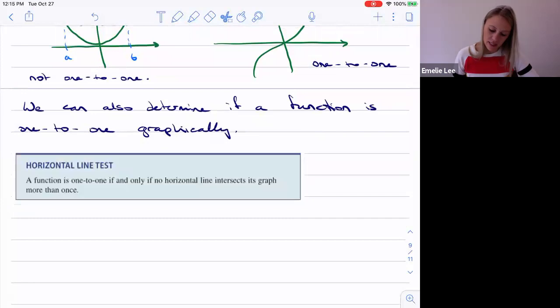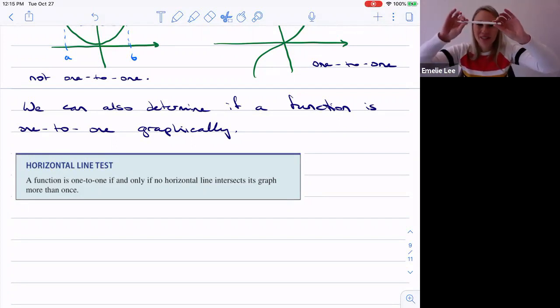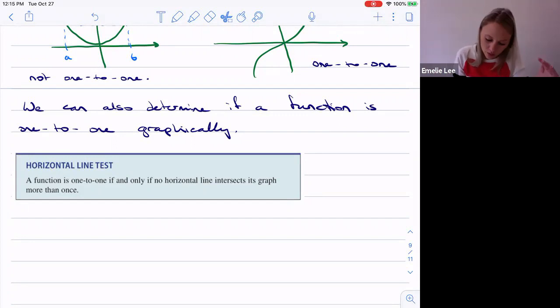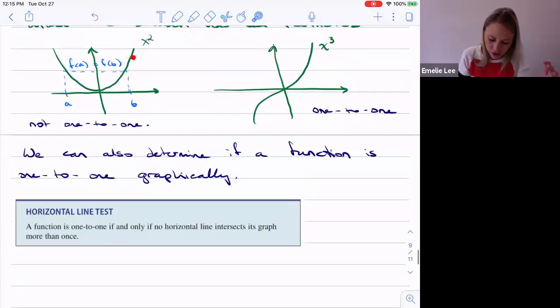So the horizontal line test: remember the vertical line test was to help us figure out if we had a function or not. We intersected each graph and made sure that we only crossed the graph once for each value of x. Now we're going to do the horizontal line test, with these imaginary horizontal lines. A function is one-to-one if and only if no horizontal line intersects its graph more than once.